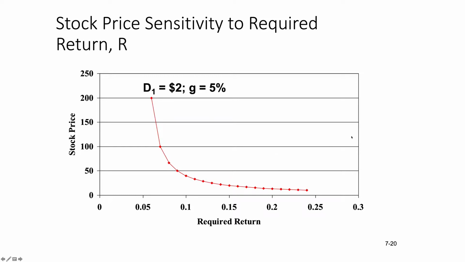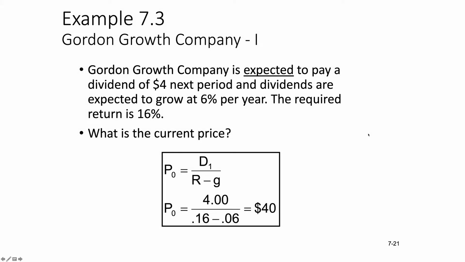Now let's look at another example, example 7.3. Gordon Growth Company is expected to pay a dividend of $4 next period, and the dividends are expected to grow at 6% per year. Required rate of return is 16%.